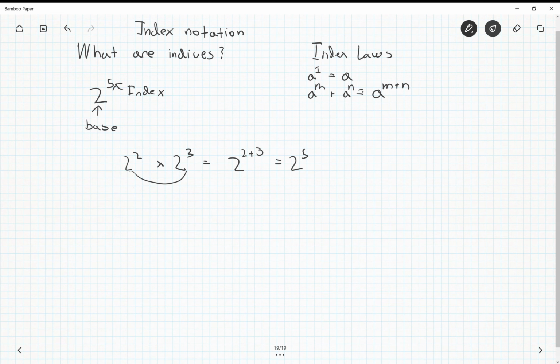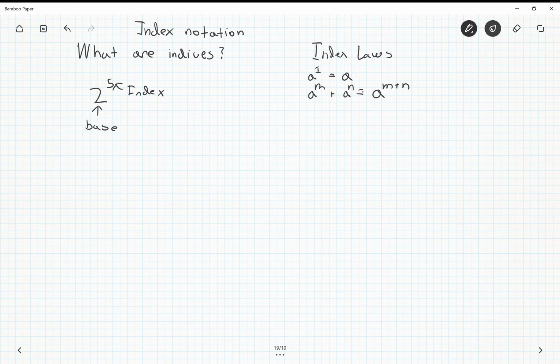We've gone through what happens when indices with the same base are multiplied, but what if they're divided? This brings us to another index law, and that is a to the power m divided by a to the power n.